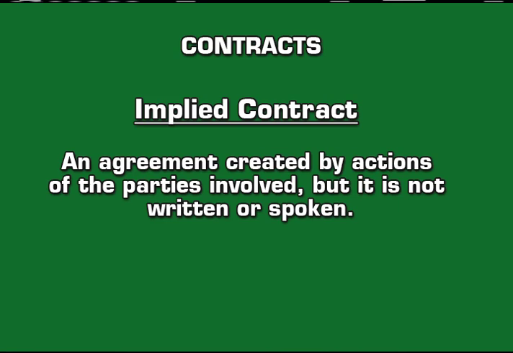So you'll see those terms used throughout your study in contracts. Now, whether the contract is express or whether it is an implied contract does not affect in any way the legal relationship of the parties. And the rules that govern contract apply regardless.